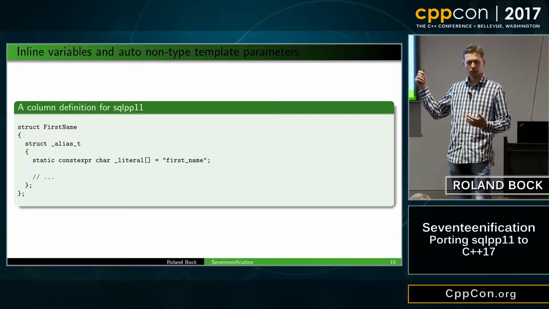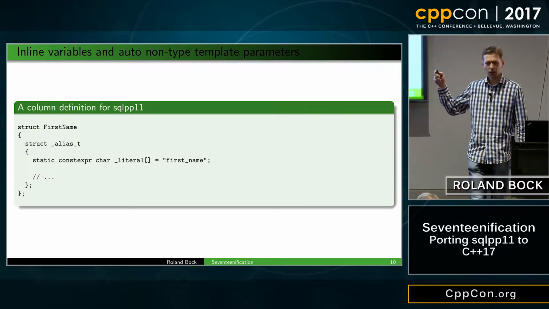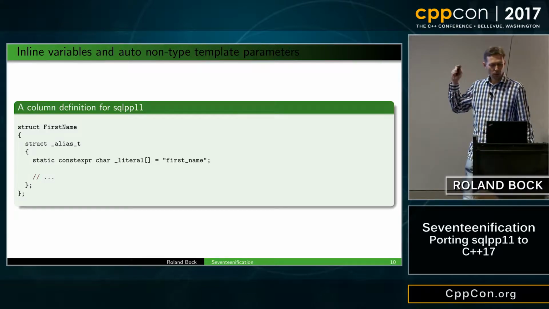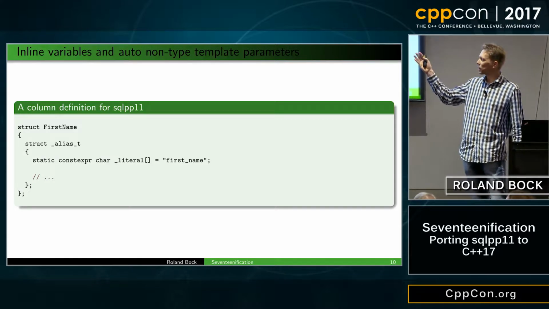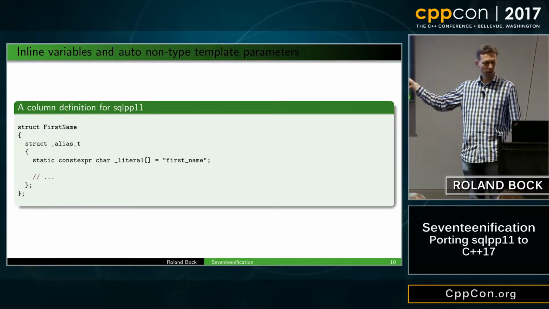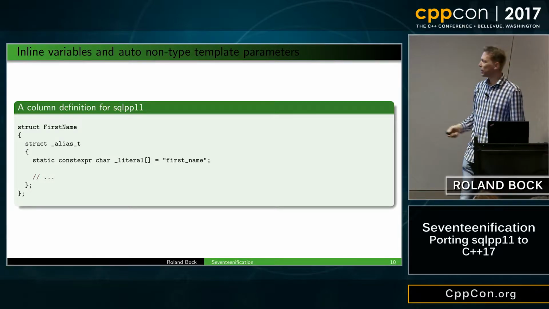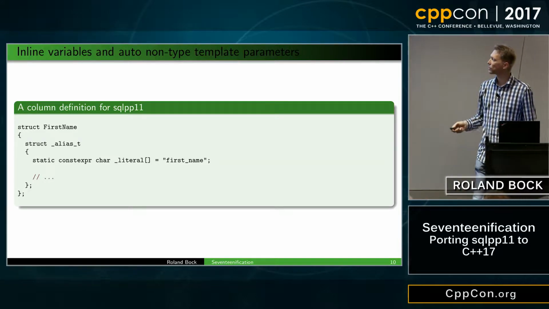I showed you the example, and also for the generated code for the SQL, you have to deal with names a bit. So there is a necessity to have the SQL name of a column somewhere, for instance, or of a table. These are currently encoded in these static constexpr character literals.